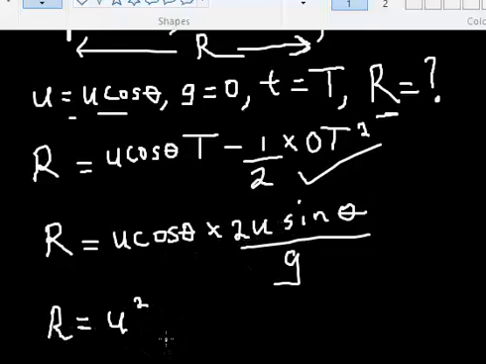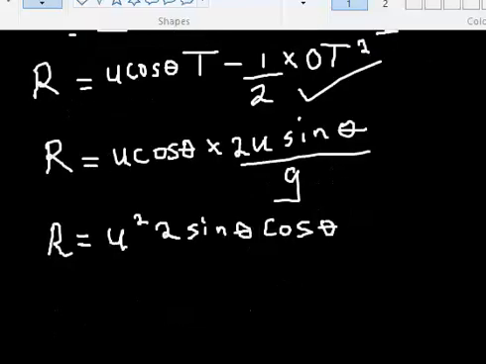Then of course 2 sine theta cos theta, divided by G.